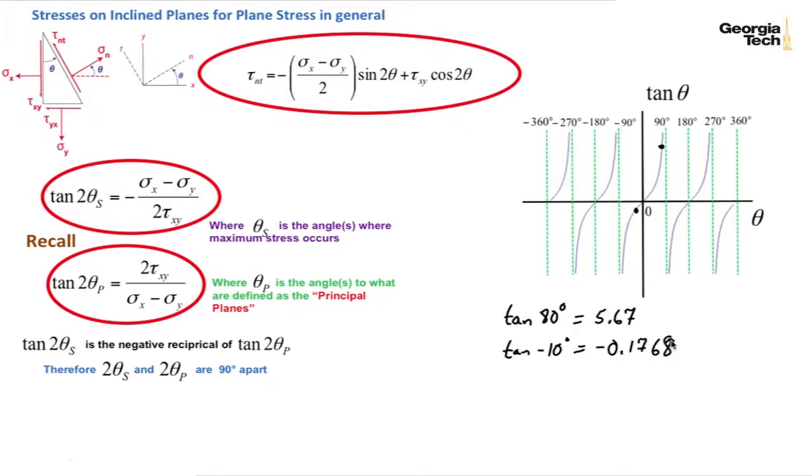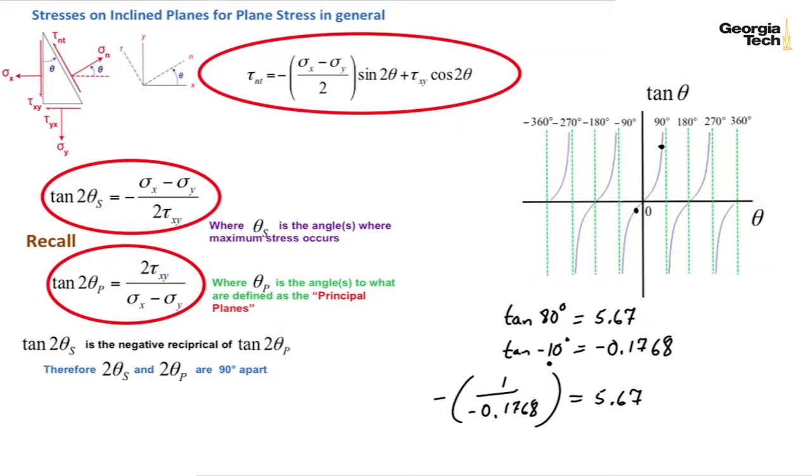So if I take the negative reciprocal of one of these, so let's take 1 over 0.1763, we'll take the negative reciprocal of that, and what we find out is that's equal to 5.67. And you'll see that these angles are 90 degrees apart. That occurs over and over again with the tangent function.